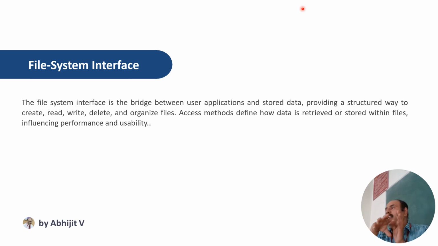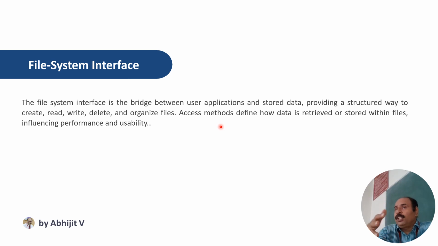So a file system interface is an interface which helps you to create files, access files, delete files, and so on. Any system that is used to connect the user and the machine is generally called an interface. So the file system interface is a bridge between the user applications and the stored data, providing a structured way to create, read, write, delete, and organize files.